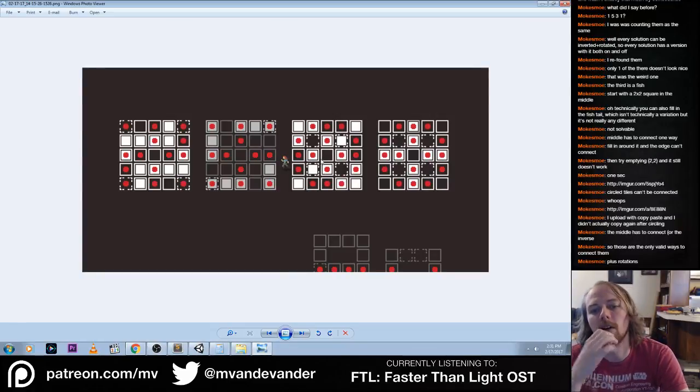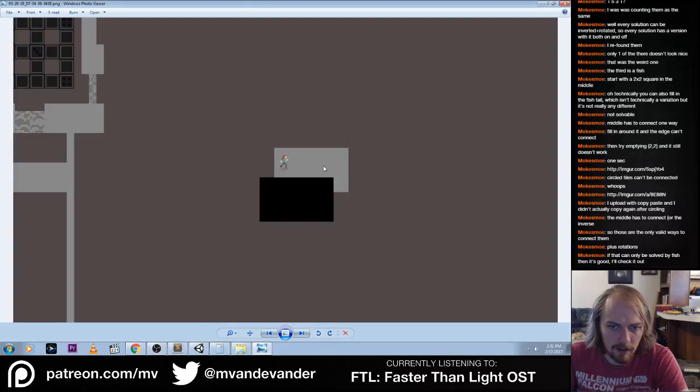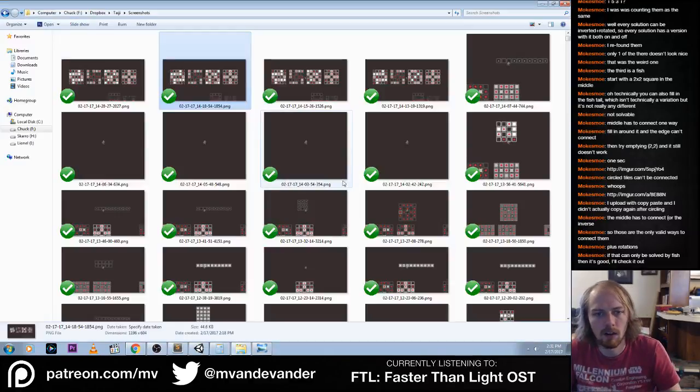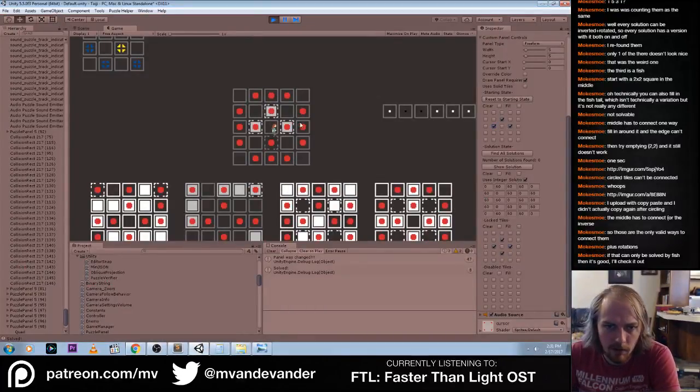So all 4 on was the one that I had thought of, but if I just lock those, then you can solve it this way. You could solve it that way, but you can solve it this way too. If I just lock 3 on, then I know it's solvable, and if I just lock 2 on diagonally, I know it's solvable. So that means this is solvable a few ways.